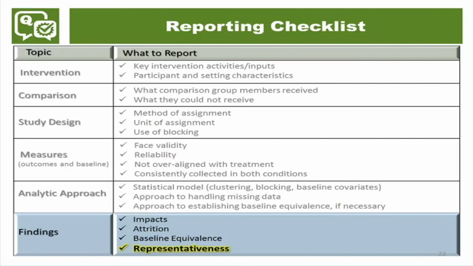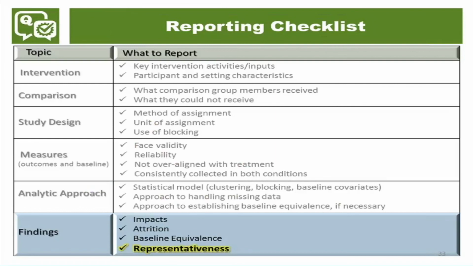Last, we're going to talk about representativeness, which is relevant for some cluster assignment designs. We'll focus on how to provide evidence that the number of individuals contributing to analyses is large enough to be considered representative of the clusters in the sample. The WWC may assess representativeness, which is a measure similar to non-response rate.